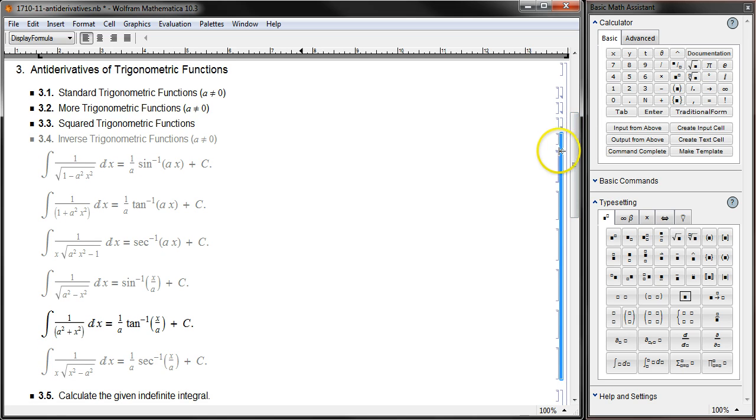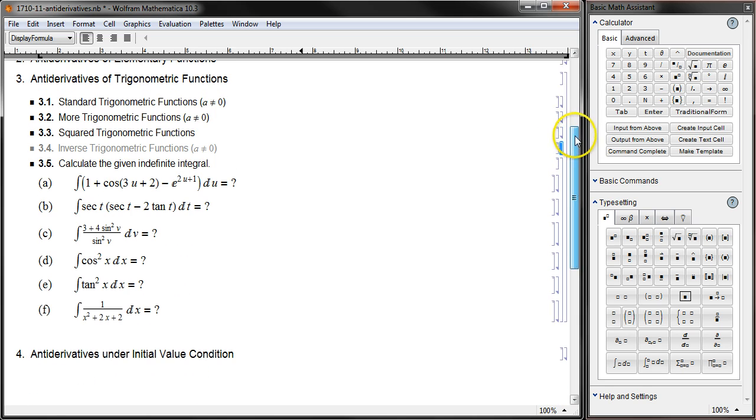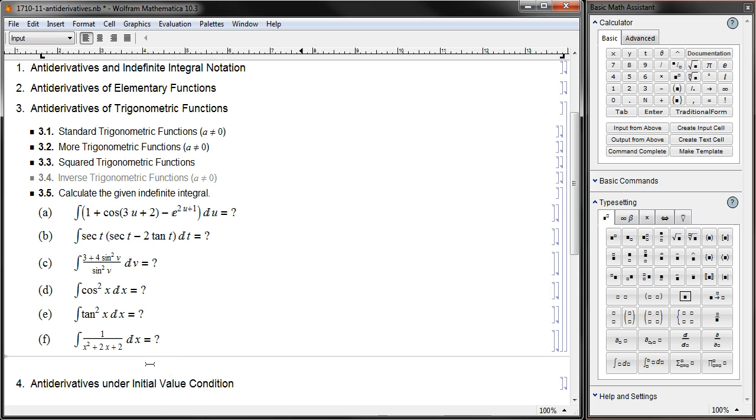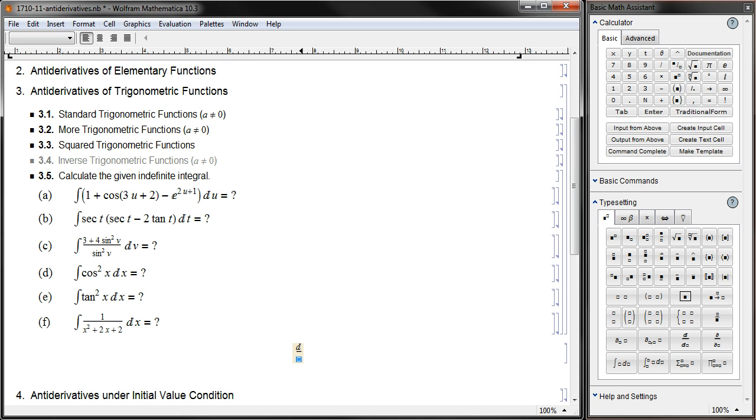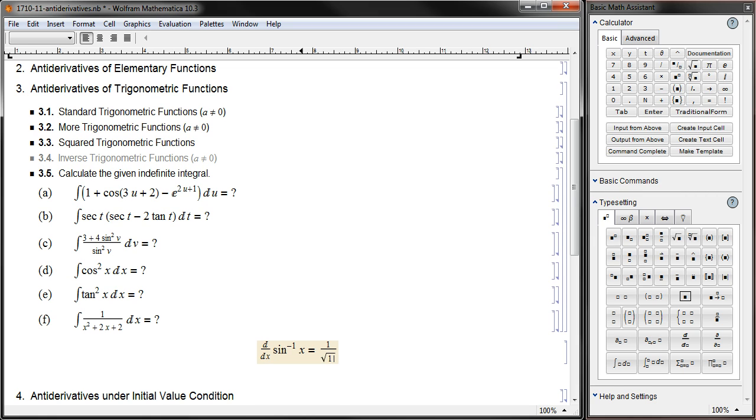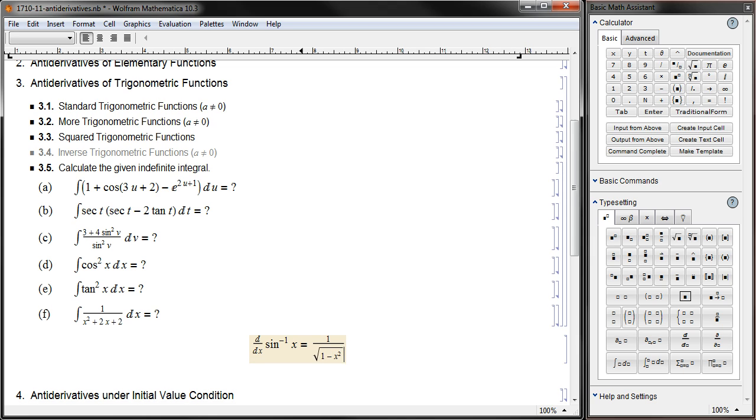Let me show you the derivative formula for inverse trigonometric functions. The derivative of arcsine of x is 1 over the square root of 1 minus x squared. This one, we don't use very often.